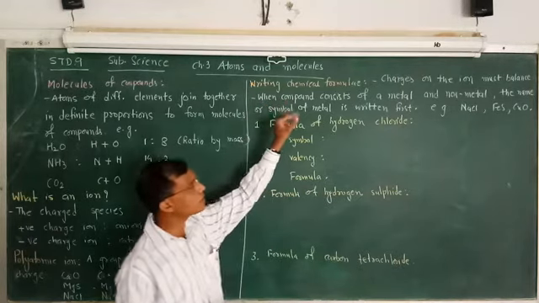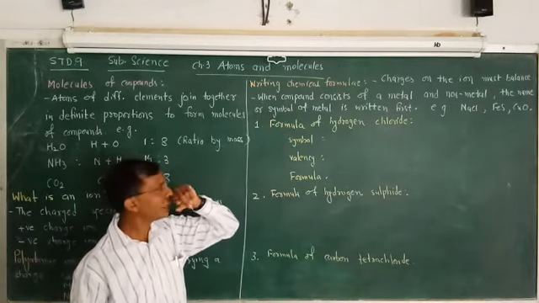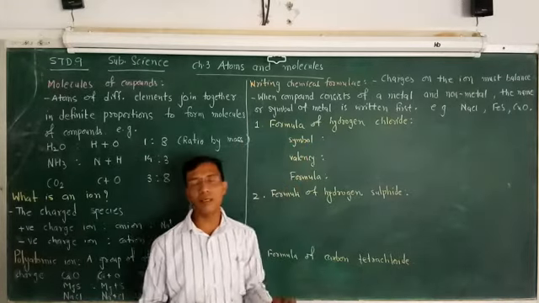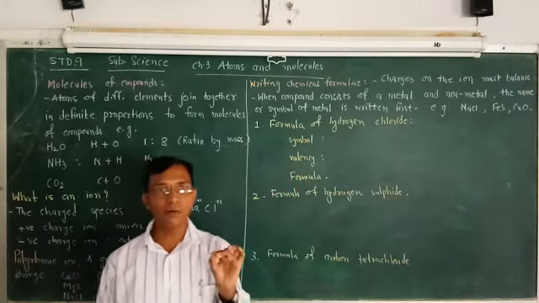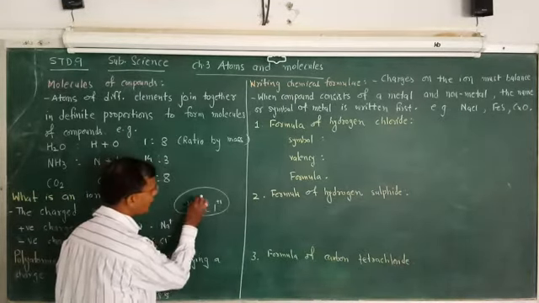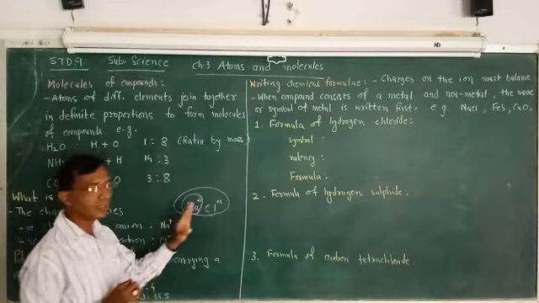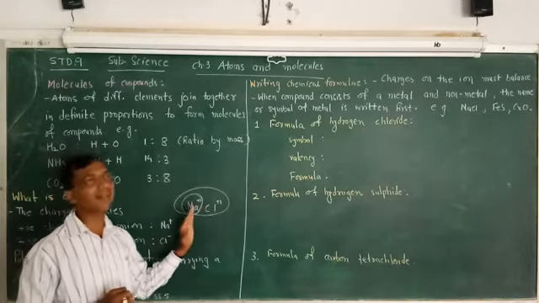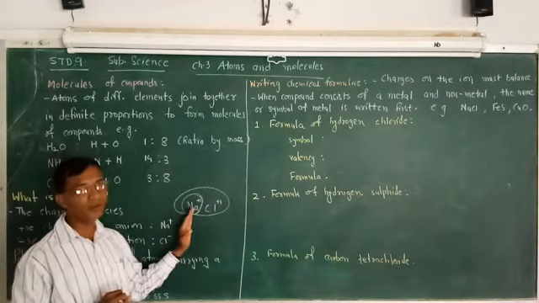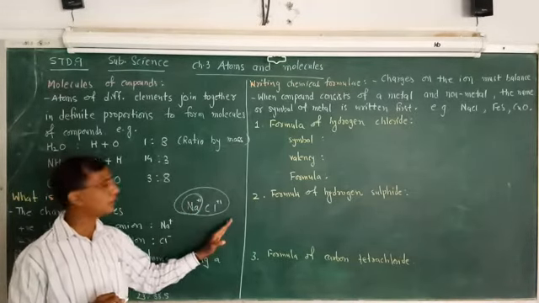When a compound consists of a metal and a non-metal, the name or symbol of the metal is written first. Example, NaCl. Sodium is a metal, so we first write the symbol or name of the metal, and then the non-metal.